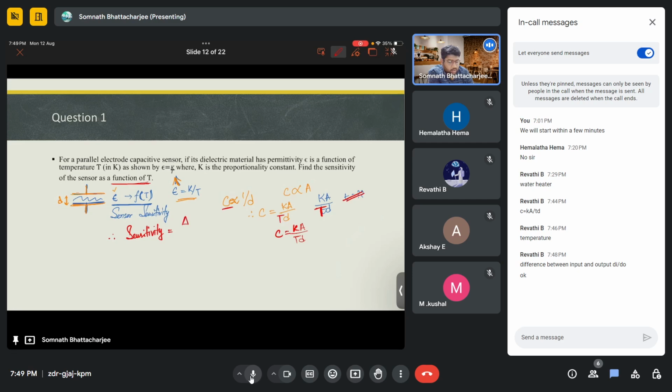It is the variation in C, that is the output, with the variation in T, that is the input. So what is the value of del C by del T?